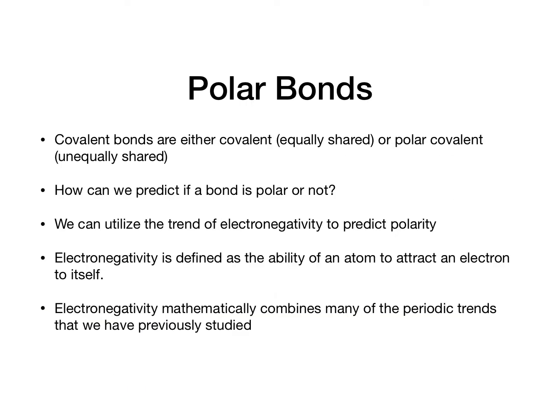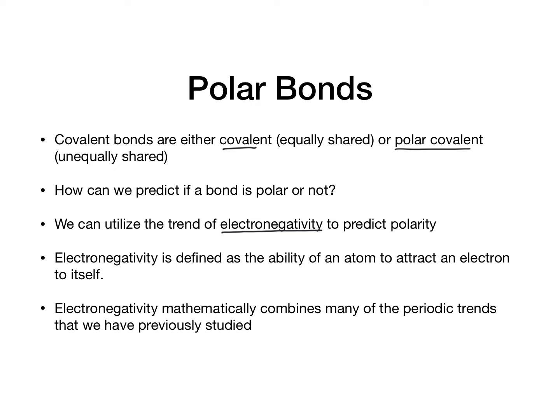So bonds are either covalent or polar covalent. And so there's going to be a range of covalent bonds and a range of polar bonds. And so we can start to predict if a bond is polar or not. We're going to be able to do that using this new periodic trend called electronegativity.